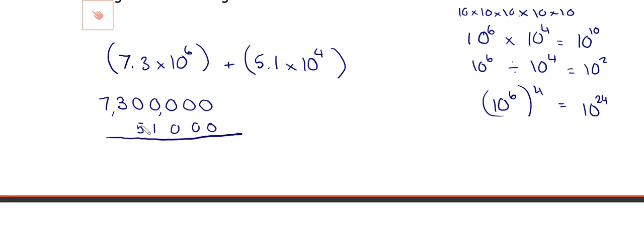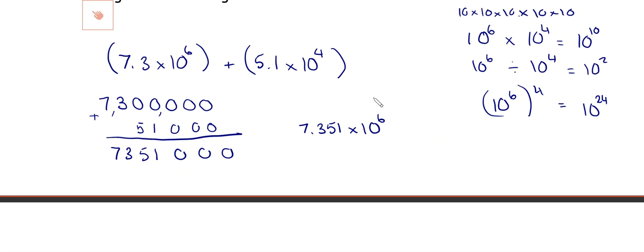So those two numbers, when you add them together, actually is only 7,351,000, which is what in scientific notation? 7.351 times 10 to the power 6. Okay? Now, makes sense. Does anyone spot a quicker way than having to rewrite it? Ben?